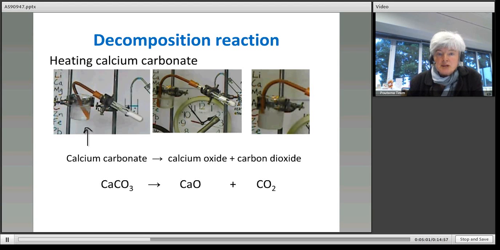Okay, so you notice over here in this photo there's strong heating and you heat all the way through. If you stop heating, the reaction stops. And if you notice, the lime water is slowly starting to become cloudy until it has become cloudy.